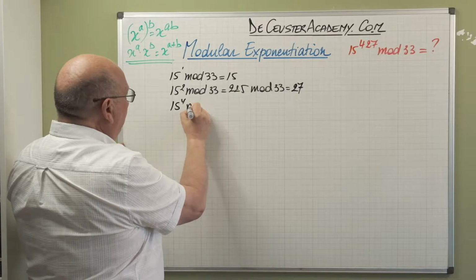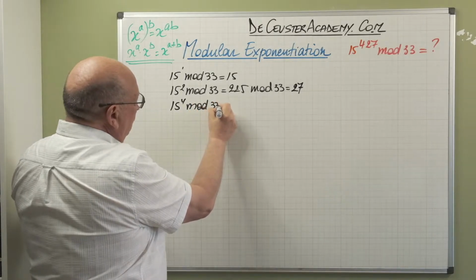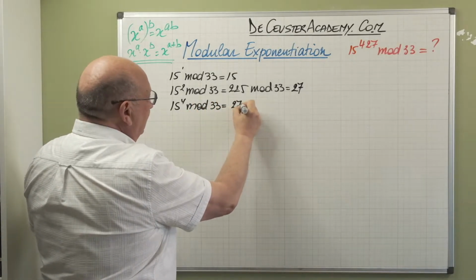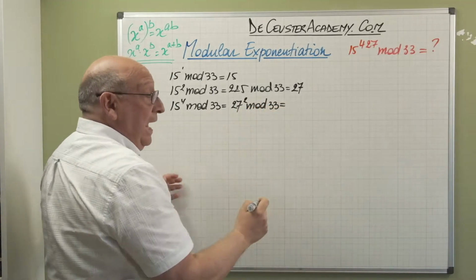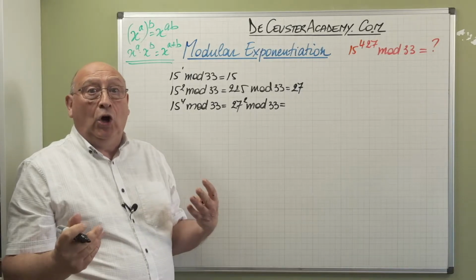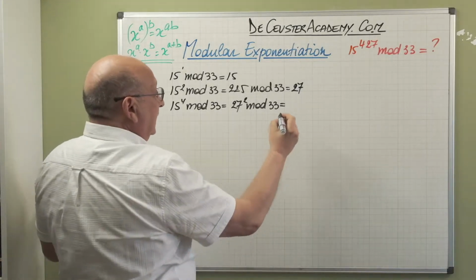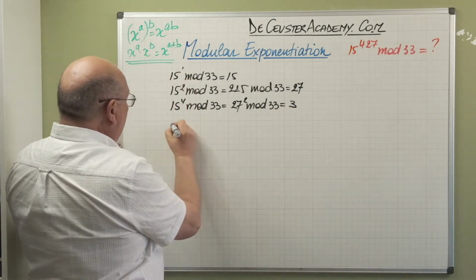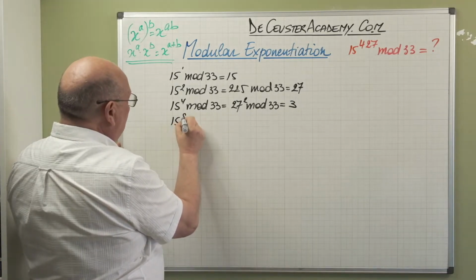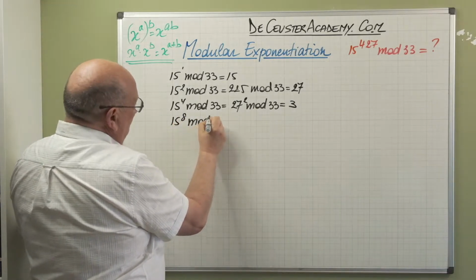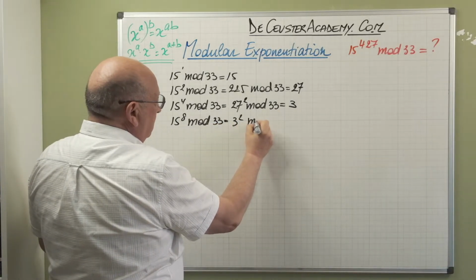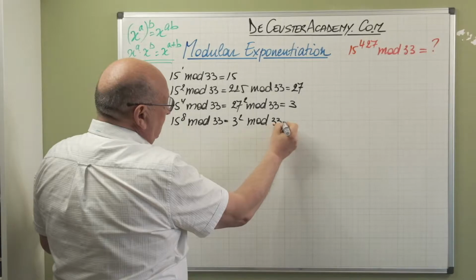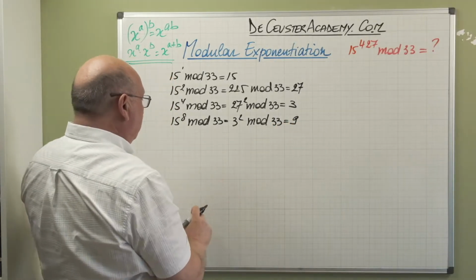15 to the power 4 modulus 33 is 27 to the square modulus 33, and 27 to the square modulus 33 is 3. Then we have 15 to the 8 modulus 33 is 3 to the square modulus 33 is 9.